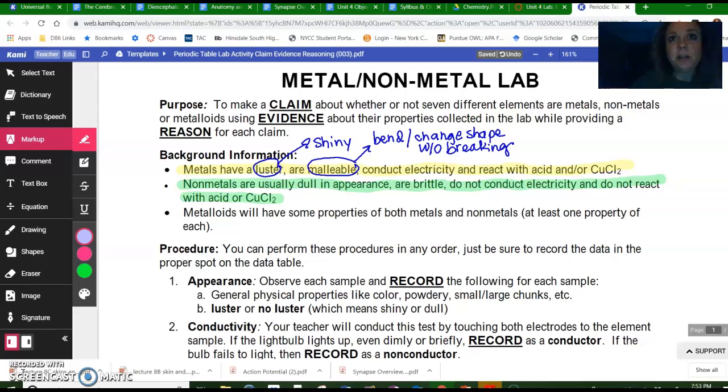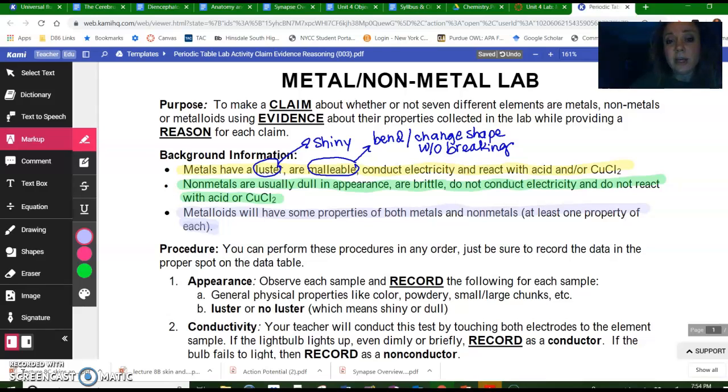Metalloids, if you recall, either sit on top of the staircase on the periodic table, or they live underneath the stairs of the periodic table. And metalloids are going to have some properties of both metals and nonmetals, and they should have at least one property of each.